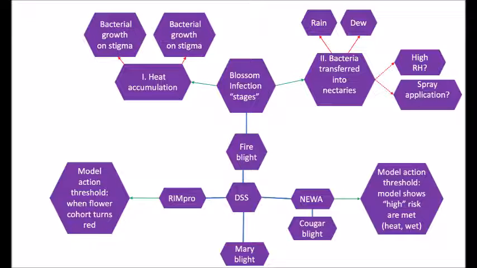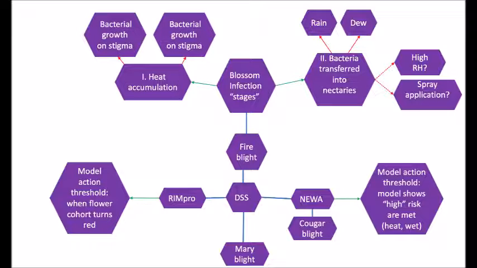I struggle with some of the ways that NUA represents data, especially as it relates to Fireblight, because as you just pointed out, they have those two lines, one is Cougar Blight, one is Mary Blight, and they often don't agree, even when processing the same information. So as far as the models go, if I were to make a recommendation for Fireblight, it would be based off of RIMpro, not off of NUA.